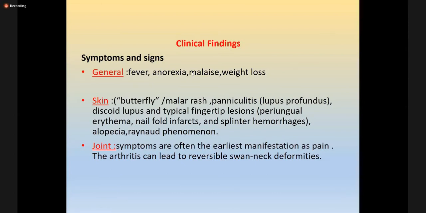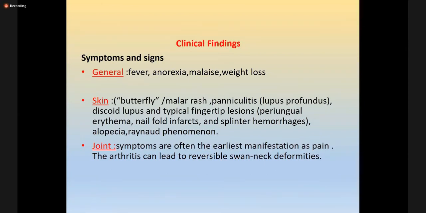Then we have joint symptoms, which are often the earliest manifestation, as pain. The first system is the skin, and the second most common system involved is musculoskeletal. Patients usually have joint pain.